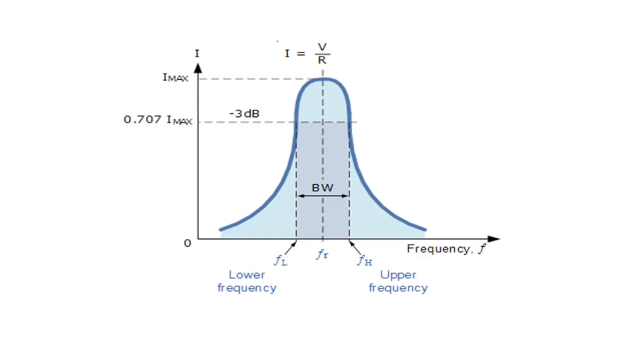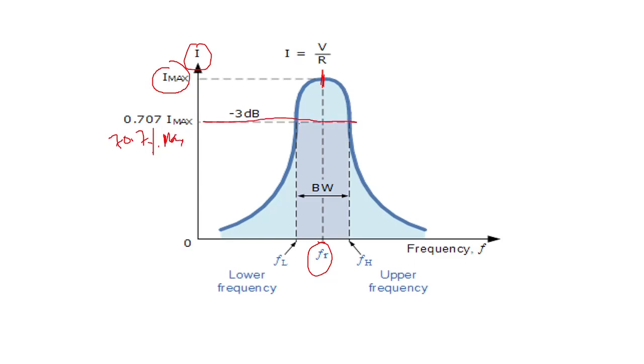Then if you go to the bandwidth, you can calculate the bandwidth also. You take the graph of voltage or current. Here we have taken the current graph, and you have the maximum current at the resonant frequency. From that maximum point you can come back to 70.7% of the maximum, that is the minus 3 decibel point.